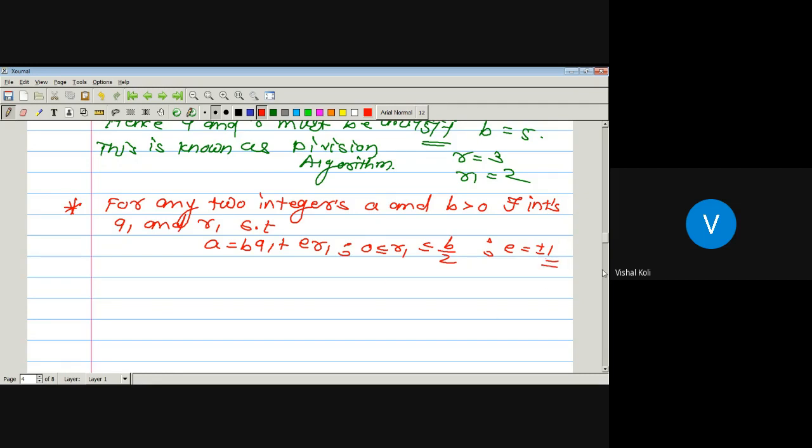Okay, in the given statement, do you understand why b is always greater than 0? Yes, why is b always greater than 0? B is not equal to 0, since here we have to divide this integer a by b.